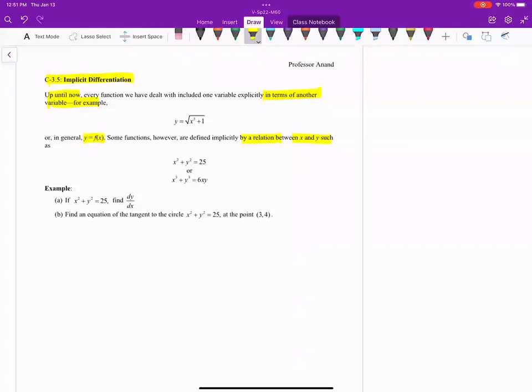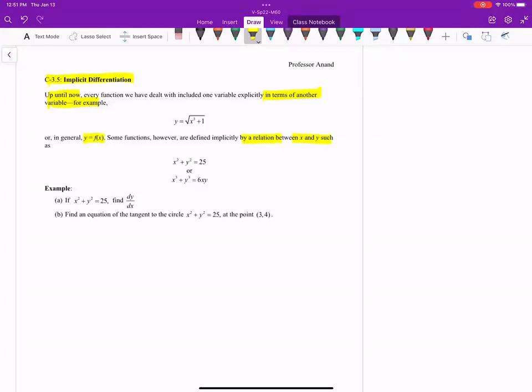But sometimes we won't be able to isolate the y and write it as a function of x, so the problem will be complicated otherwise if you try to isolate the y and differentiate. In which case, directly differentiating with respect to x will be much easier. So that is exactly what we are going to do in this example.